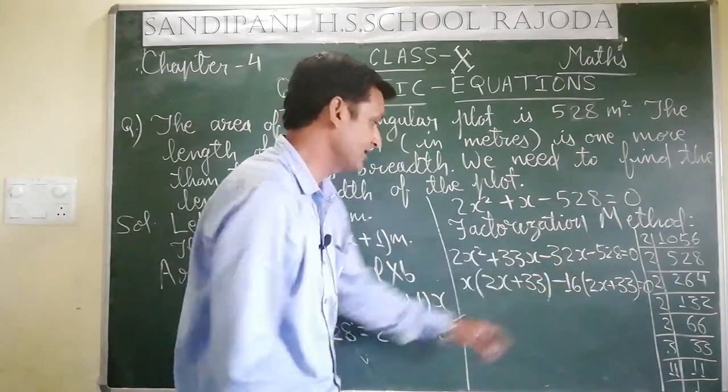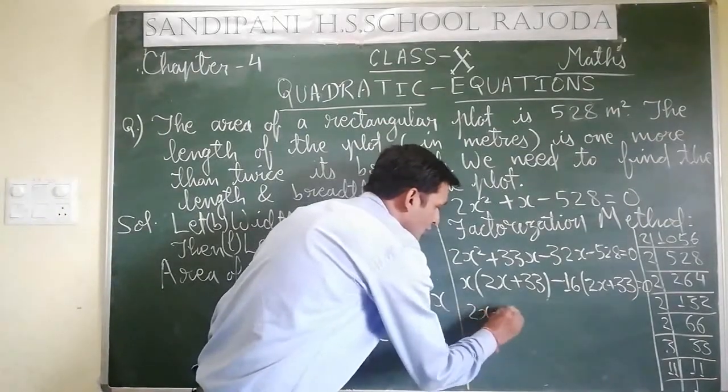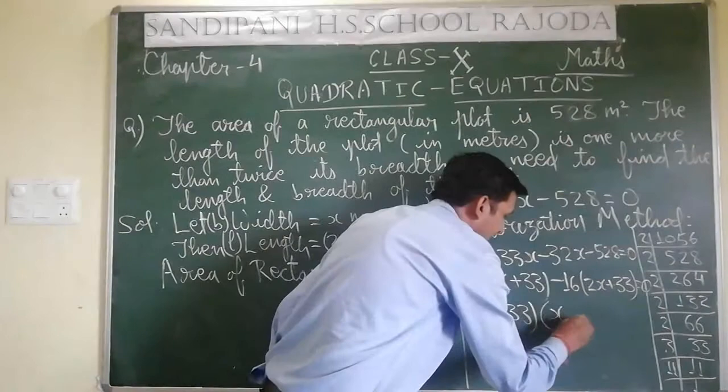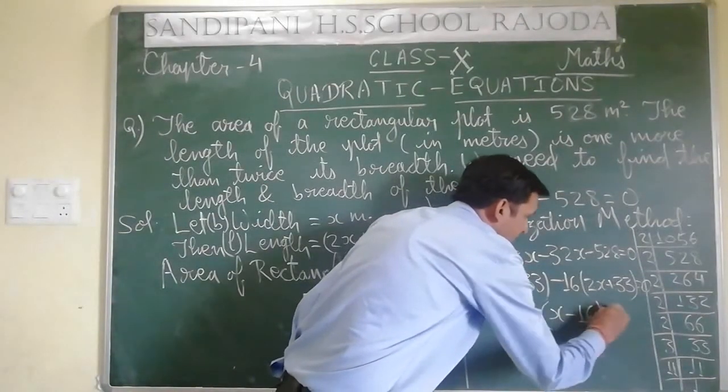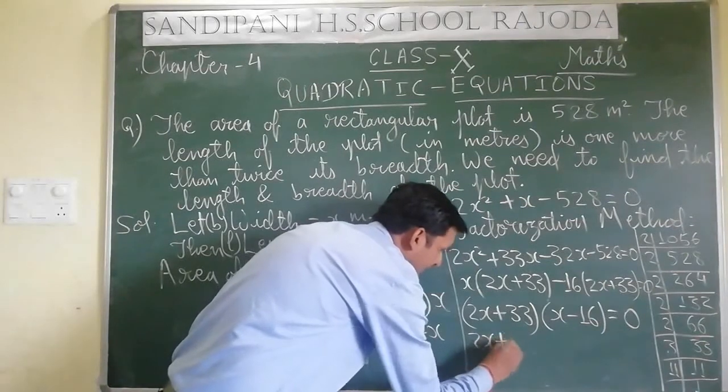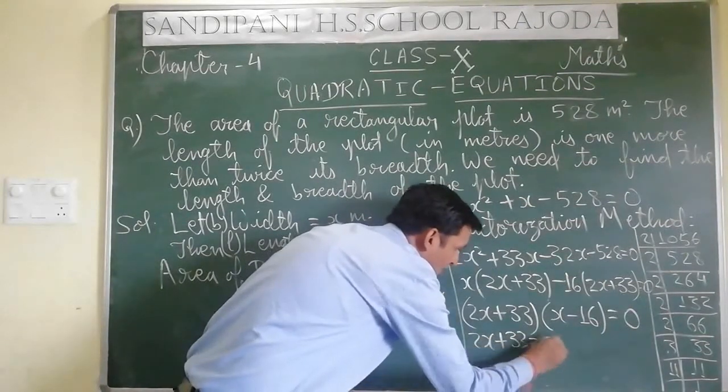Now 2x plus 33 is taken common, so the remaining part is x minus 16 is equal to 0. So we have to consider 2x plus 33 is equal to 0.